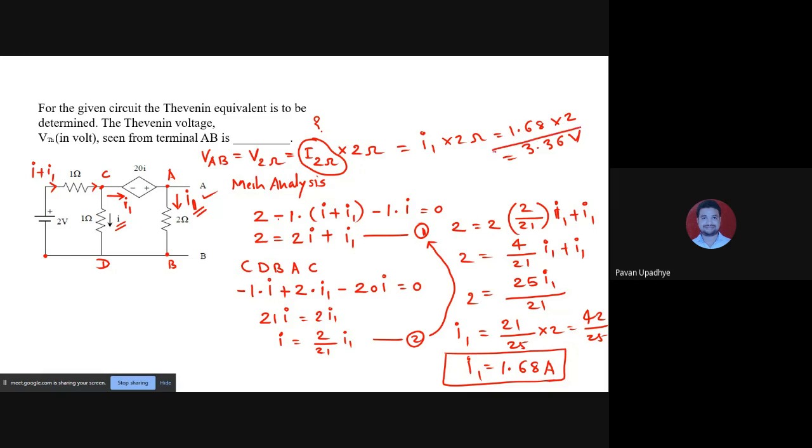This is how you find the value of the voltage between terminals A and B by using Thevenin's theorem understanding. Here actually no such thing has been used as Thevenin's theorem, but the voltage that is found is actually the concept of Thevenin's voltage.